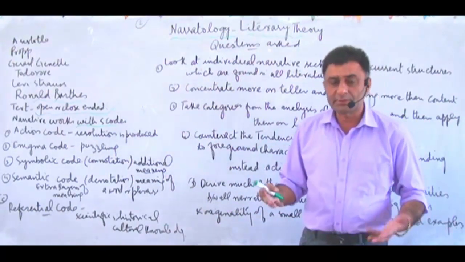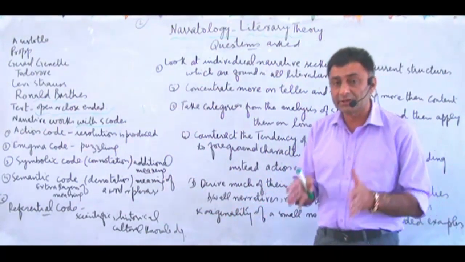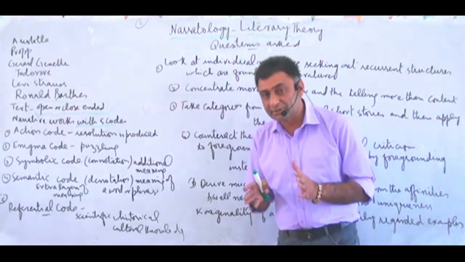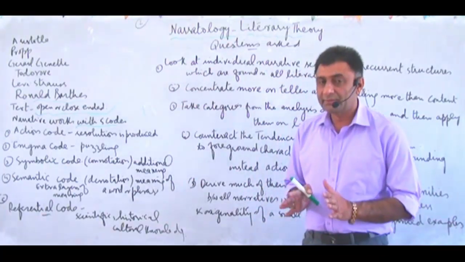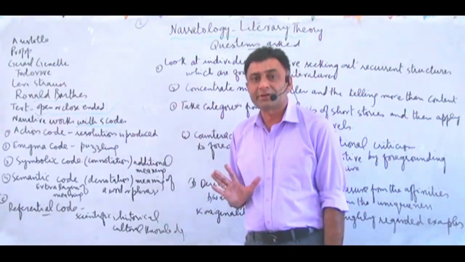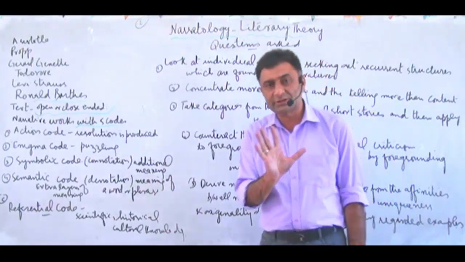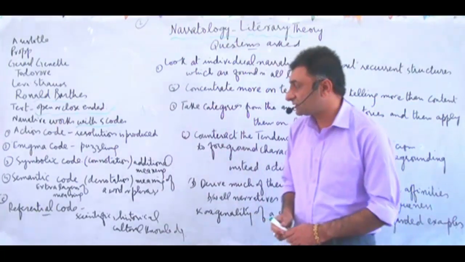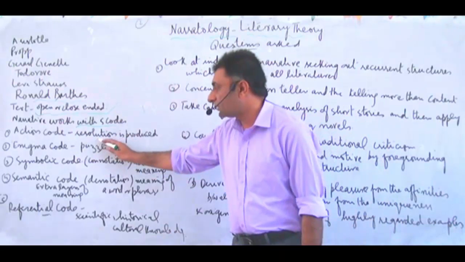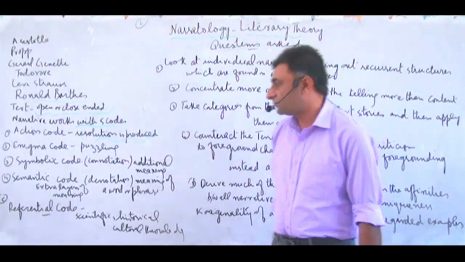There are countless problems in this world, and any problem can become an enigma. Enigma tells the reader that I am here, not only for you as a reader, but I am also for this character. This is called the enigma code. And Barthes says that most stories have an enigma code.